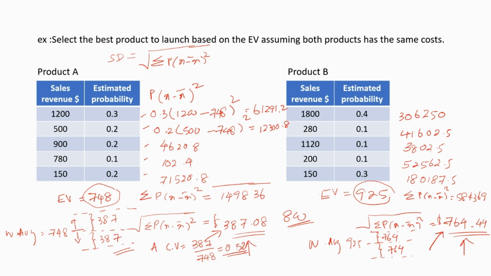This is the coefficient of variation for product A. For product B, the coefficient of variation equals the standard deviation 764 divided by 925, which equals 0.83. Now we can compare these two values. For product A, the coefficient of variation is 0.52. For product B, it is 0.83. So product B is riskier.